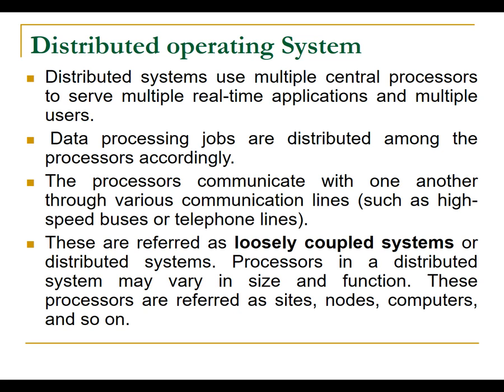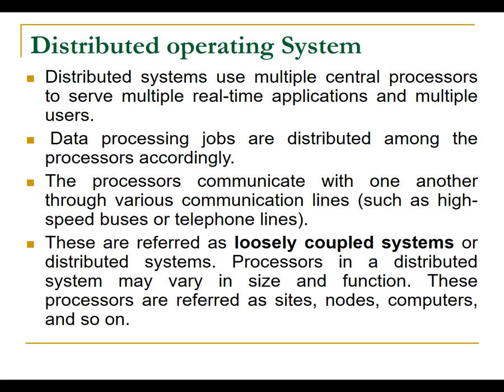Now all these processors, no doubt they are separate, situated at separate locations, but they communicate with each other through a single communication line, such as high-speed internet or a telephone line. No doubt, at the time of the distributed operating system, there was no concept of a high-speed internet connection.